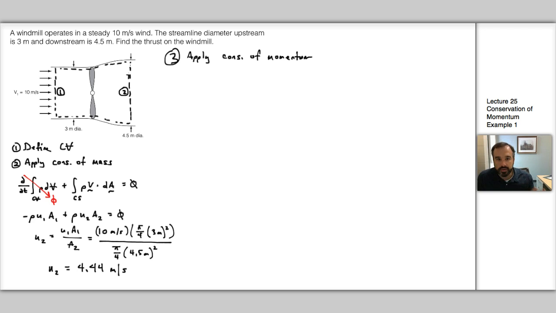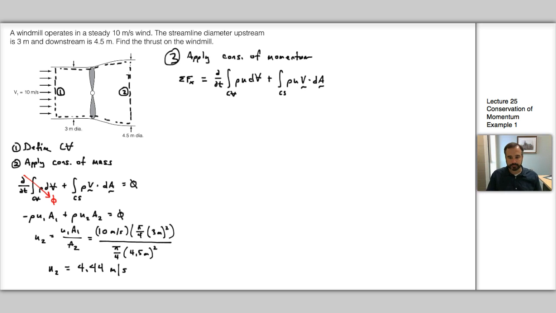All right, so again, we only have forces in the x direction, so we're going to say the sum of the forces in the x direction is equal to d over dt integral over the control volume of rho u dV plus the integral over the control surface of rho u V dot dA.